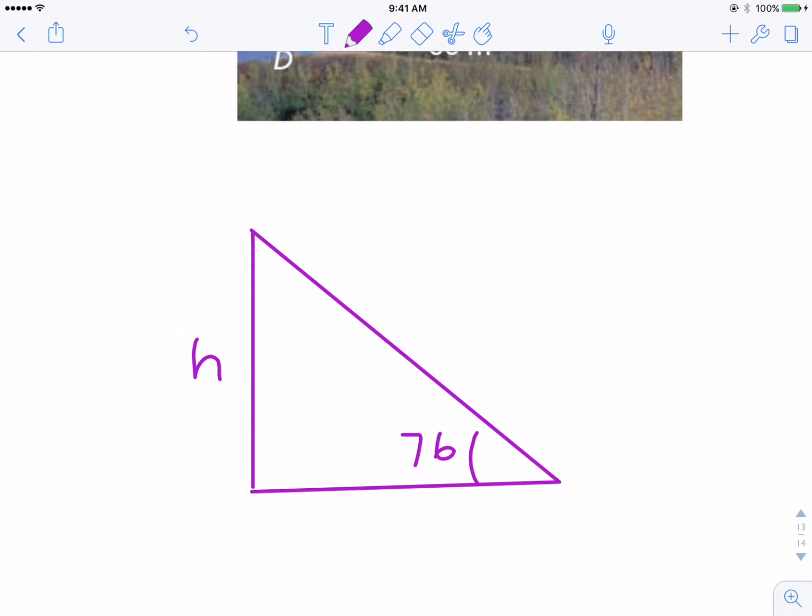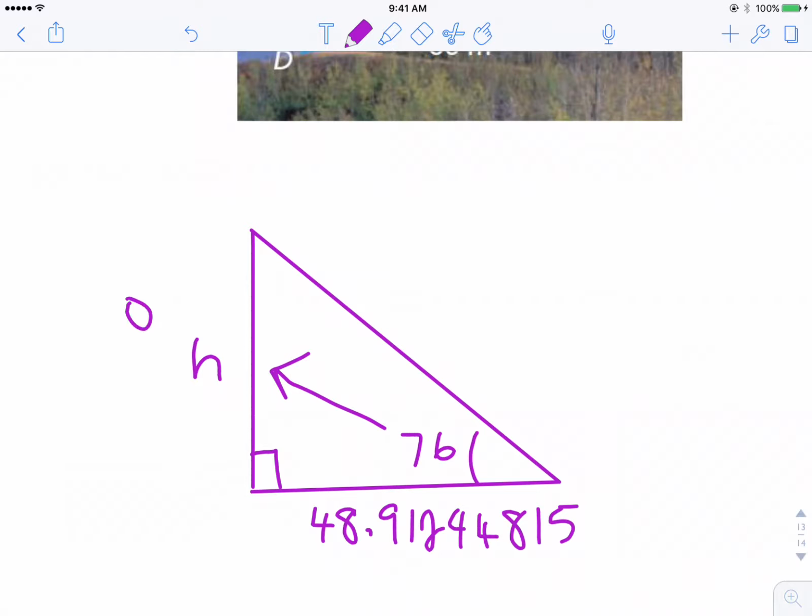And then, of course, this was 48.9124815. Assuming the base of the cliff is a right angle, this side is opposite to my angle, this side is adjacent to my angle, using SOHCAHTOA.